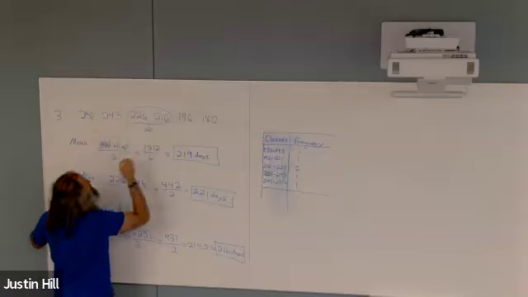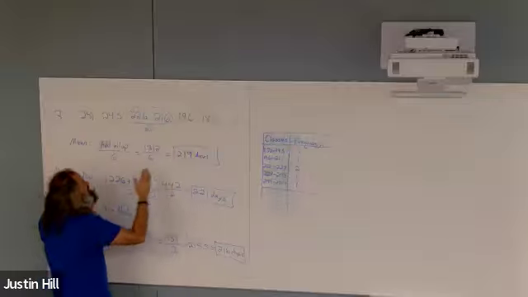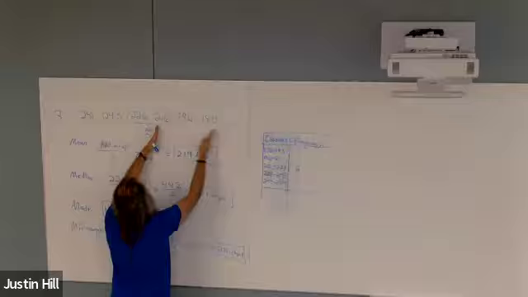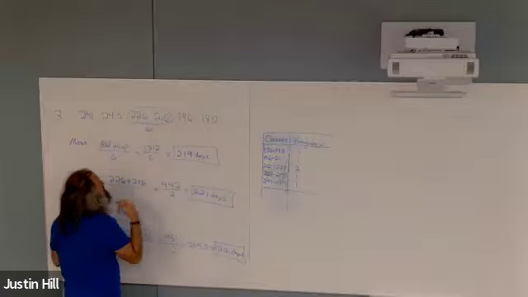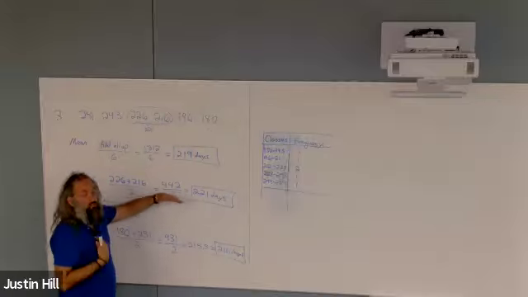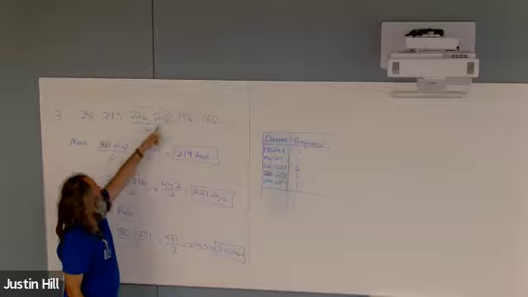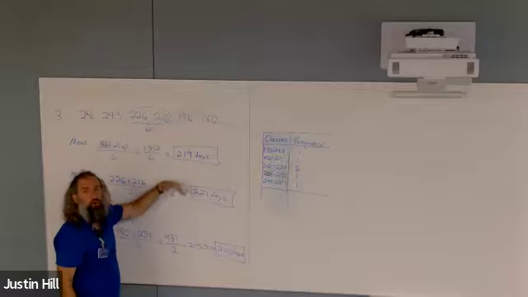So my data seems to be pretty sparse up to here, and then suddenly it tightens up. Because of that, it makes sense to me that the average should be a little higher in this range between the two options that I have.